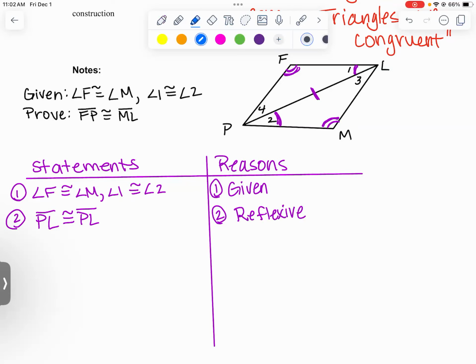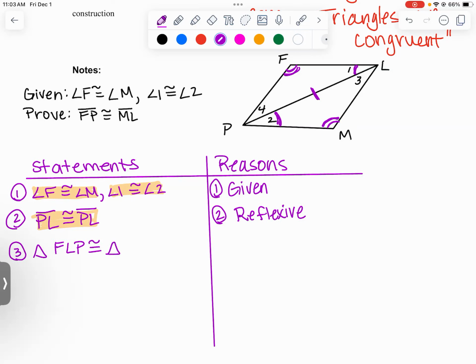Okay, so right now we have a pair of angles, a second pair of angles, a pair of sides. And we know that our side is not in between our two angles, which means we can say triangle, I'm gonna call the first one FLP.